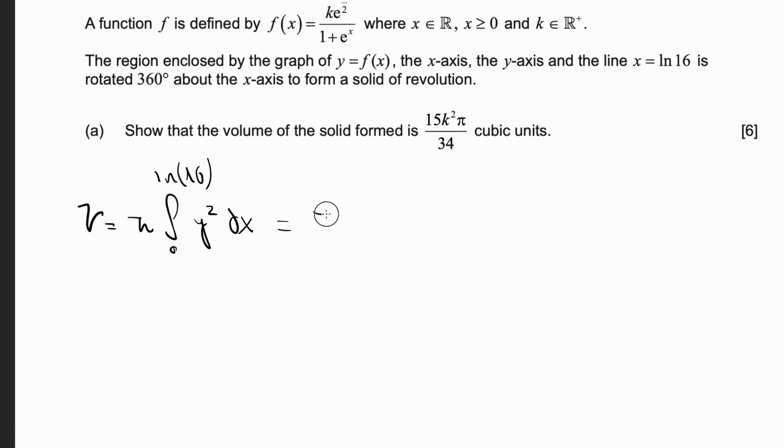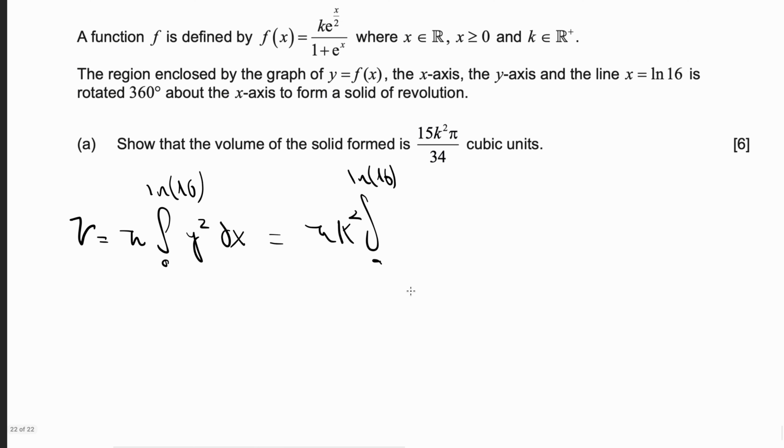So if you substitute in y and square it, it will be k squared. Since k is a constant, I'll write that outside. e to the power of x over 2 squared is simply e to the power of x, over 1 plus e to the power of x squared dx.